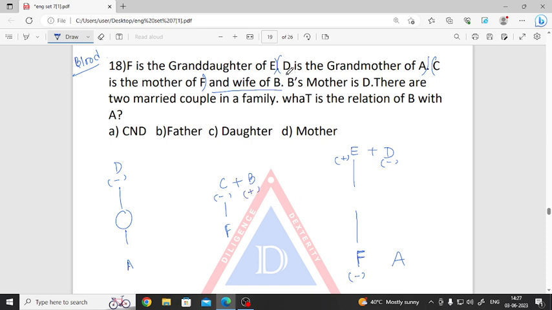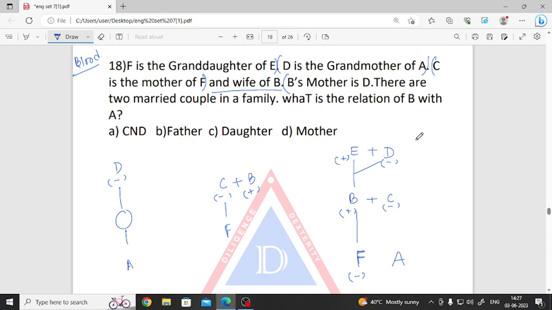Then B's mother is D. See, B's mother is D. That means B is the son and C is the wife of B. That means E is the father of B, D is the mother of B, and B is the son of E and D, and C is the wife of B. And there are two married couples.